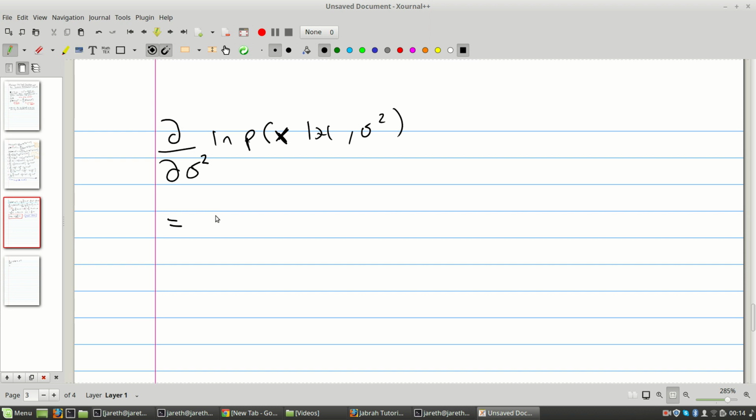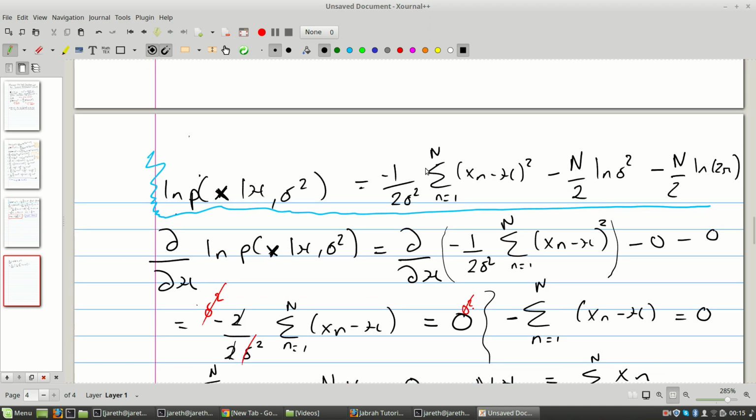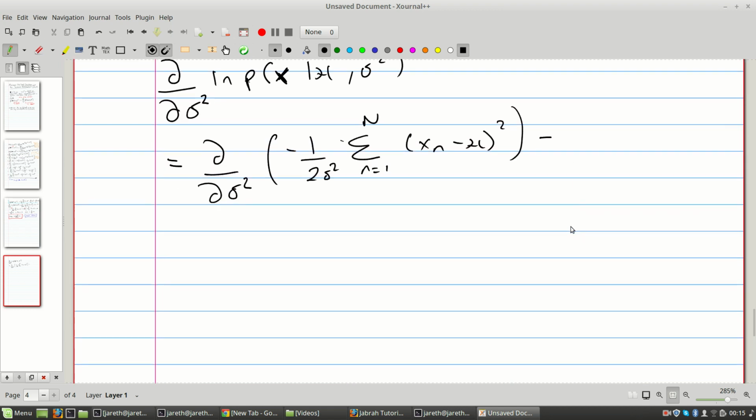So we are taking the derivative with respect to sigma squared of minus 1 over 2 sigma squared, the summation from n equals 1 up to N of (xn minus mu) squared, minus the derivative with respect to sigma squared of N over 2 ln sigma squared, right?